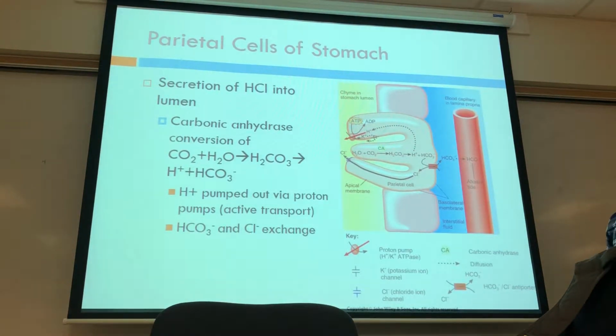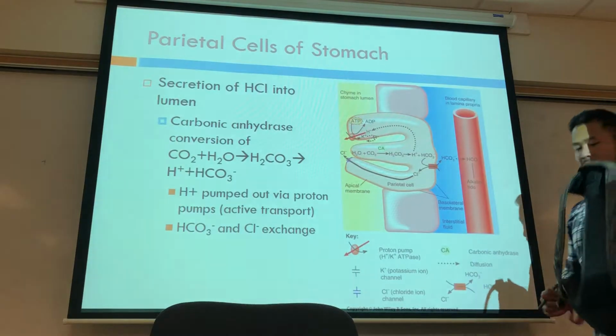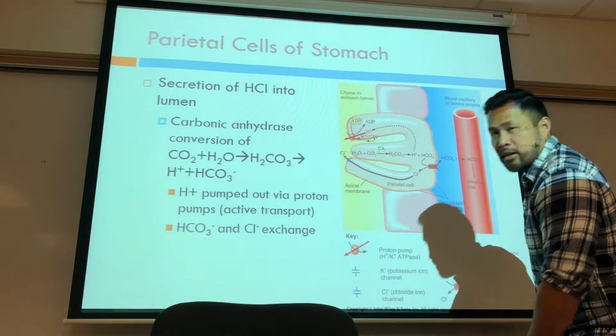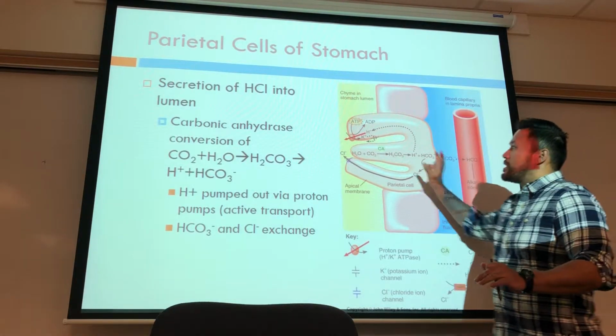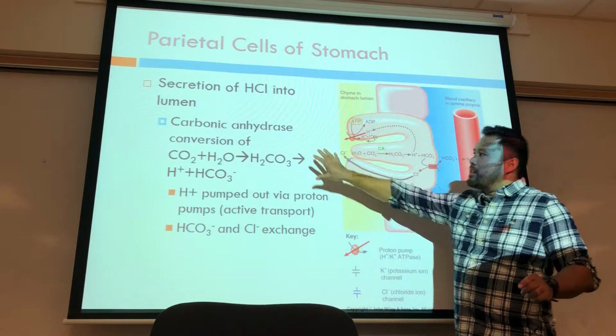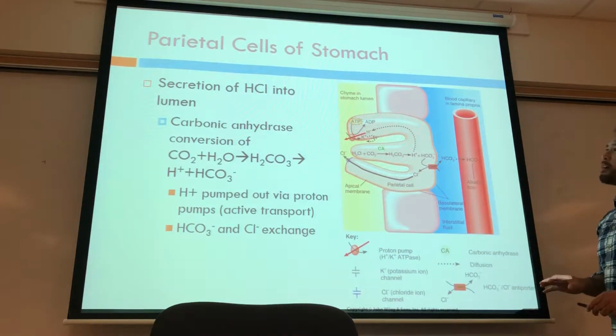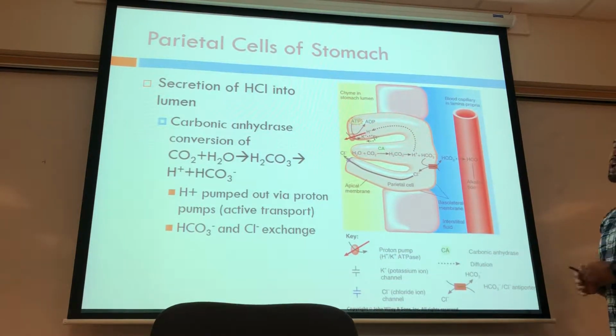Our proteases were the ones that would end up digesting proteins into smaller peptides or even down to their amino acids. So that's one aspect of it where we saw the enzyme. Now we need to see how we create the acidic environment of the stomach through the carbonic anhydrase.